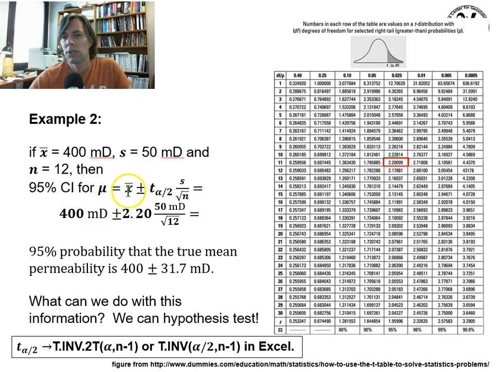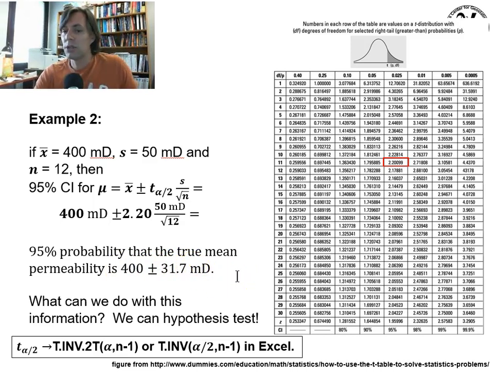That will be equal to the sample mean plus or minus the two-tailed t-score multiplied by the standard deviation divided by the square root of the number of data. You substitute that in, and you'll find there is a 95% probability that the true mean permeability is in this interval, 400 plus or minus 31.7 millidarcies.